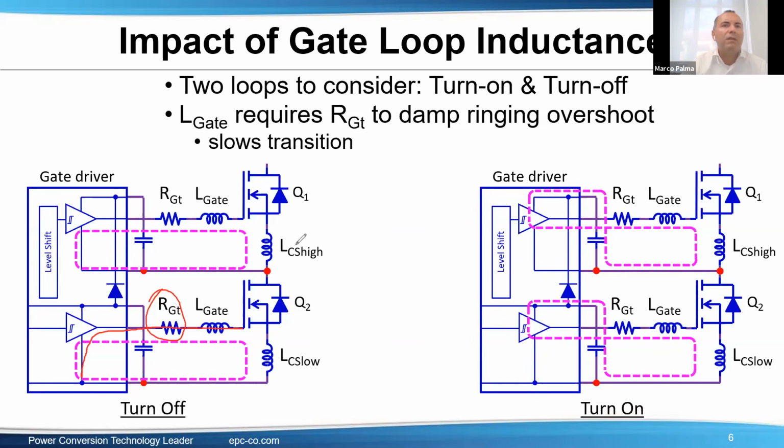So even if this node is going up and you have your Miller capacitance, this is not going to influence the gate of the low side, also because the ratio of CGD to CGS is less than 1 in GaN FETs from EPC. So that's not really an issue.